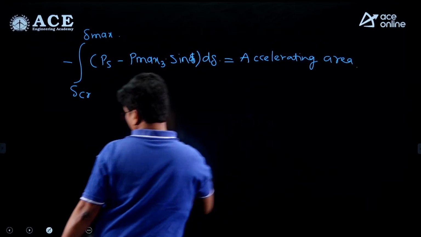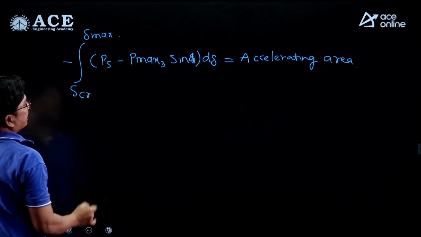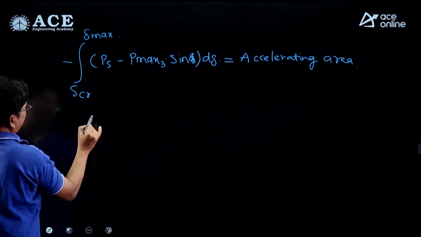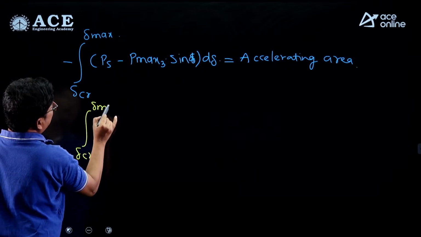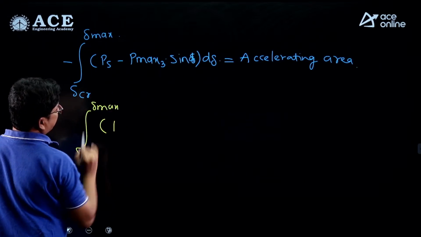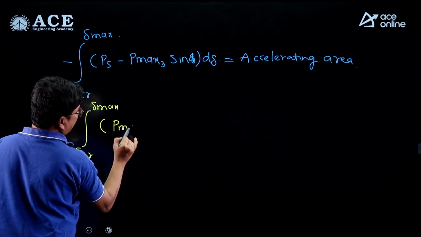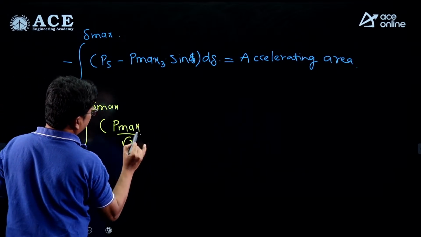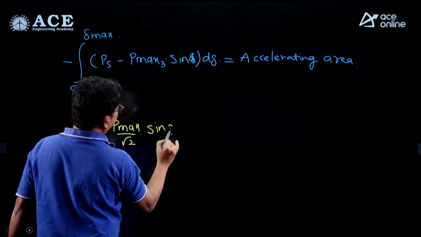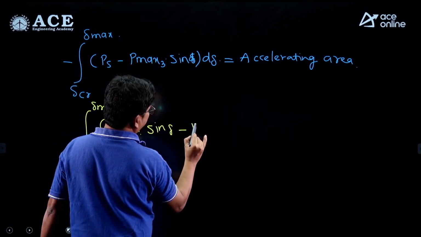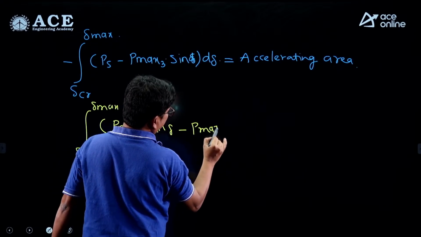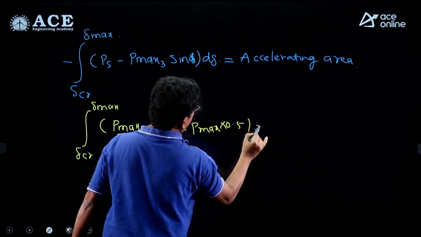Both are the same, right, students? If you see this one, this will be the integration of delta CR2 to delta max. P max 3 is given as P max divided by root 2 into sin delta minus PS, which is given as 0.5 times P max into 0.5, into d delta.